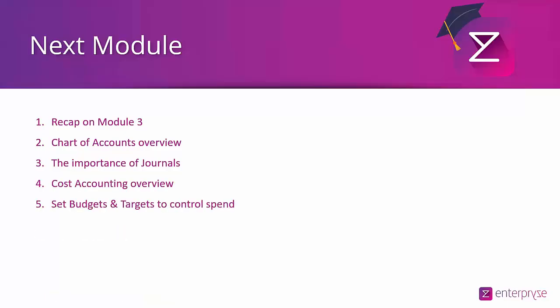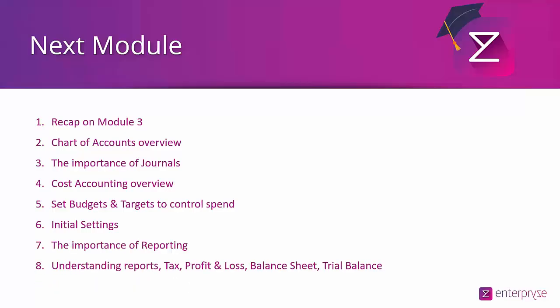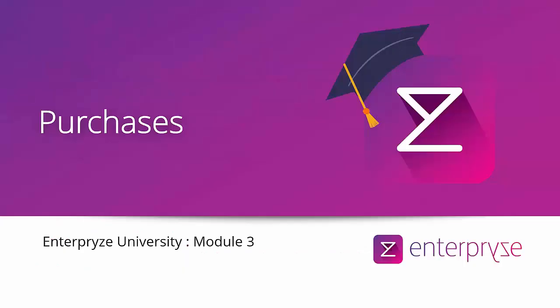So again, around spend management and control. What does that look like in your organization? We will look at the initial settings that you can put in place around the accounting as well, and the importance of reporting and understanding what those reports are that you can actually run within the system, such as tax, profit and loss, balance sheet and trial balance.